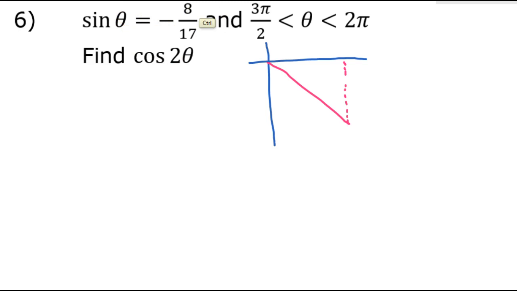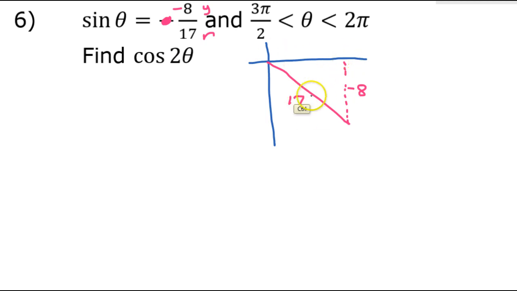Now, sine is y over r. The radius cannot be negative. It's always positive. So that means this negative sign is really on the 8. So y is negative 8. And the radius is 17.